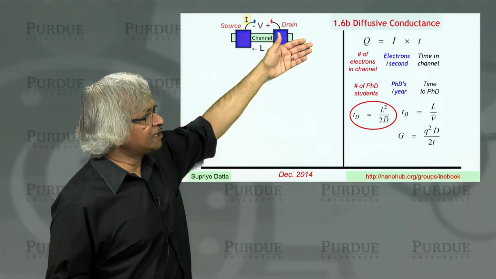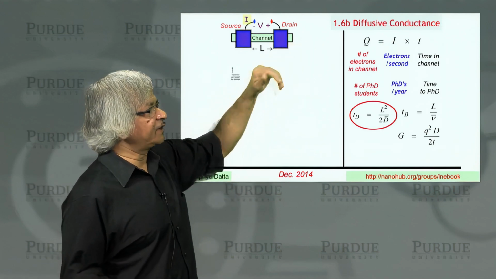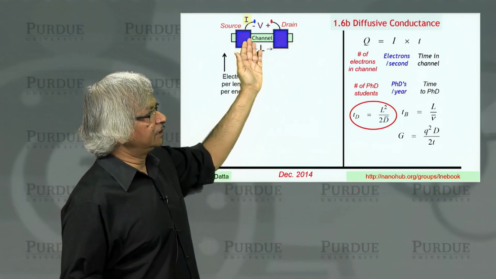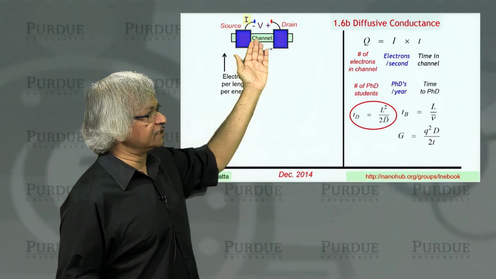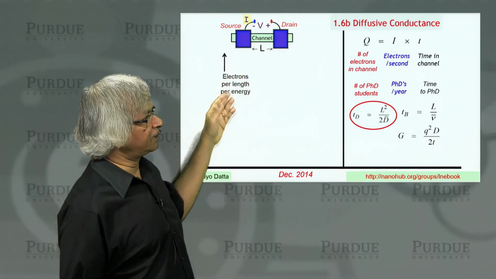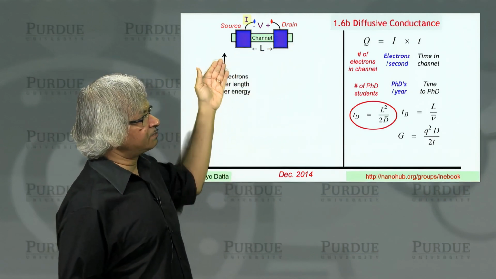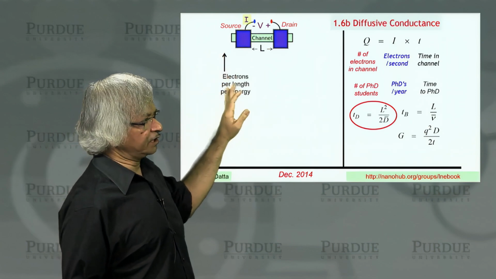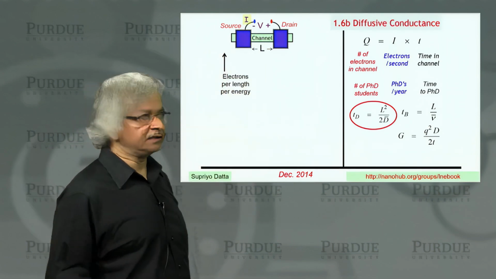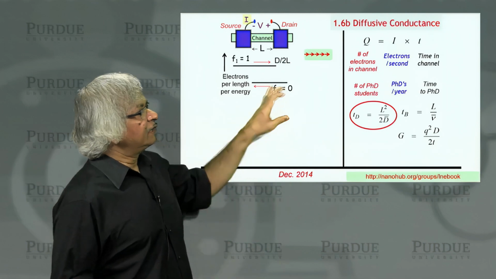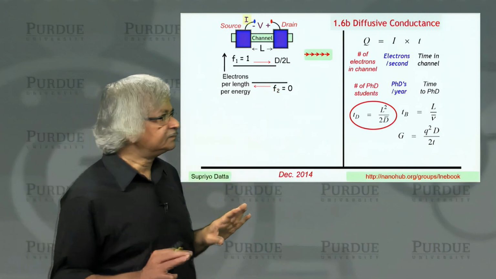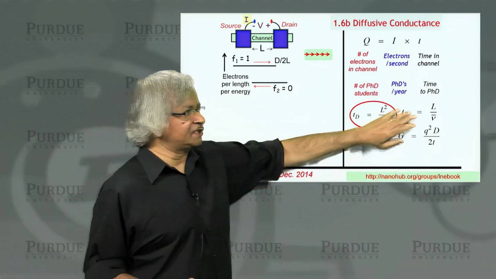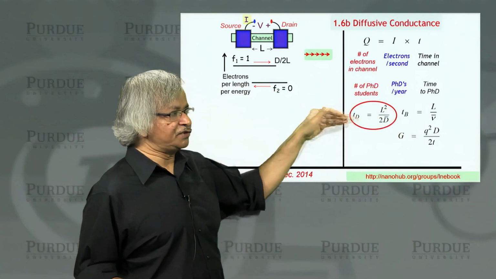Okay. Now, based on this, then, you'd say, okay, let's try to plot what's the number of the electrons inside this channel. So what I've plotted here is electrons per length per unit energy inside this channel. And for ballistic transport, let's first do the ballistic case, and then we'll do the diffusive case.